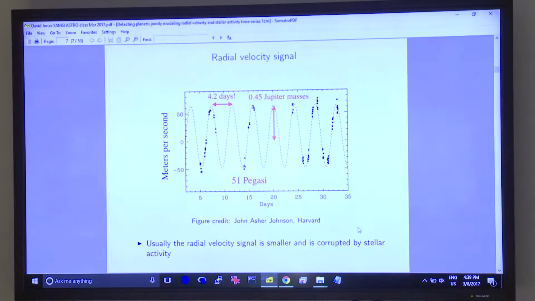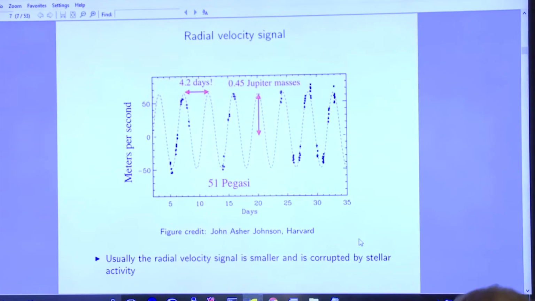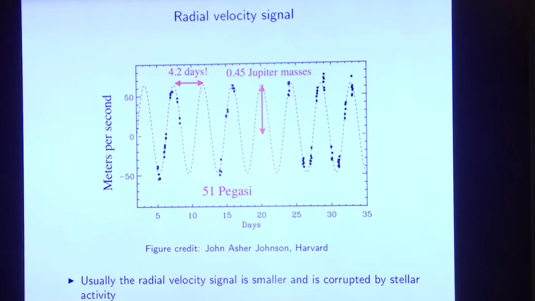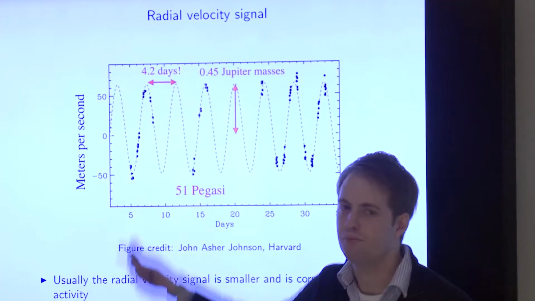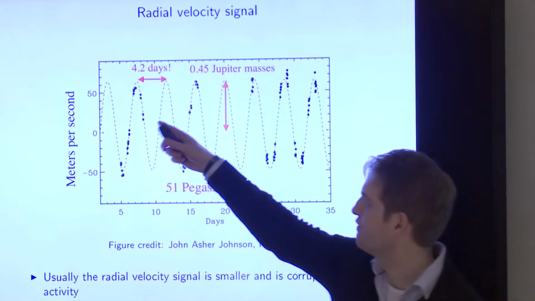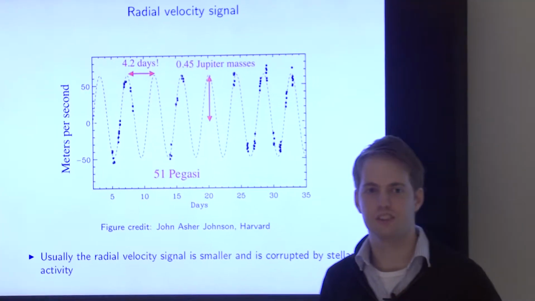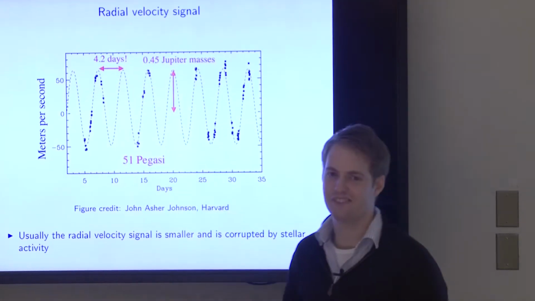So this is the type of signal we get. I should maximize this. The y-axis is in meters per second, and it's the velocity that the star is moving away from us, so up to 50 meters per second or so away from us, and negative is towards us, up to minus 50 meters per second.